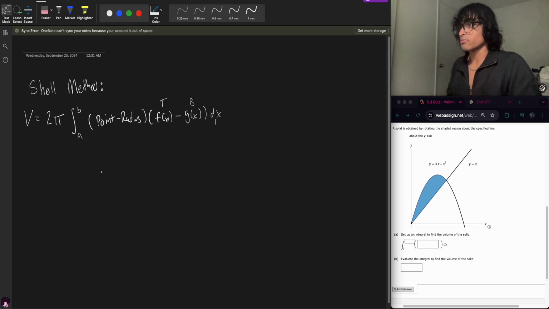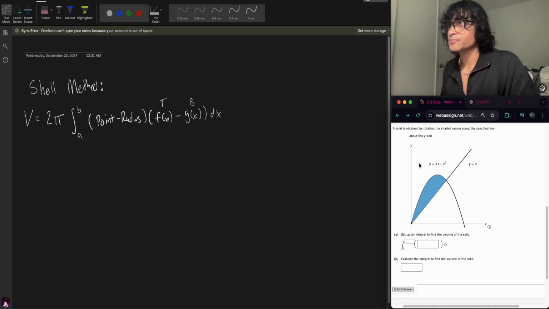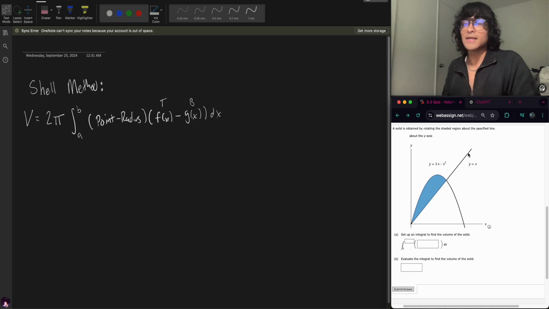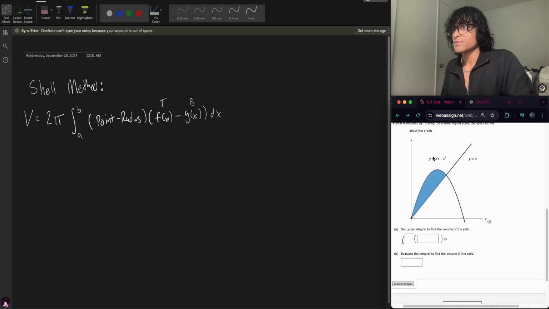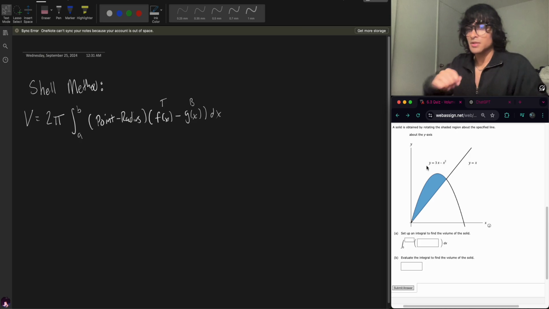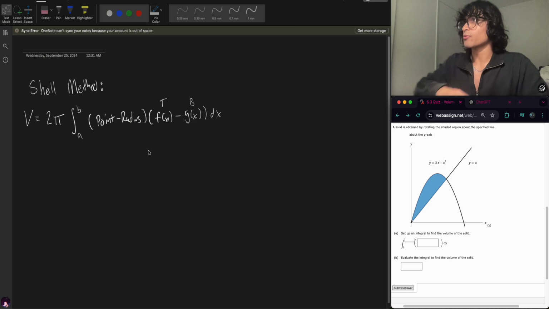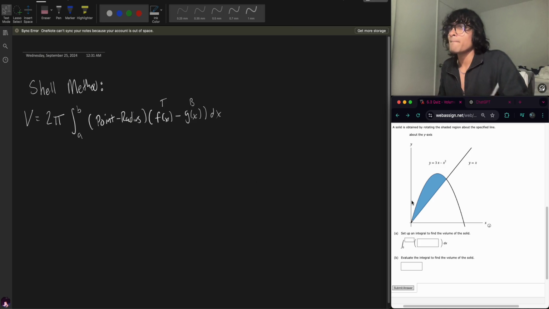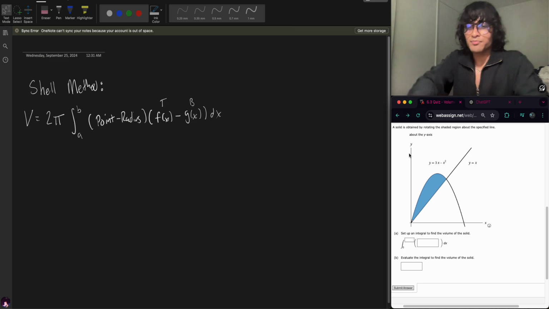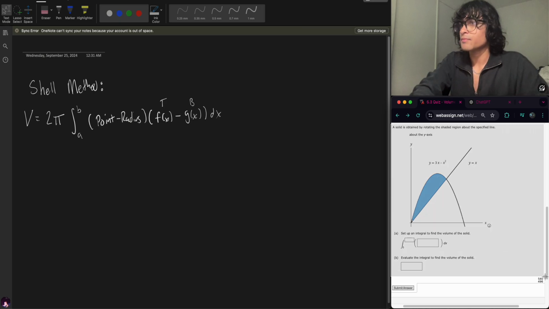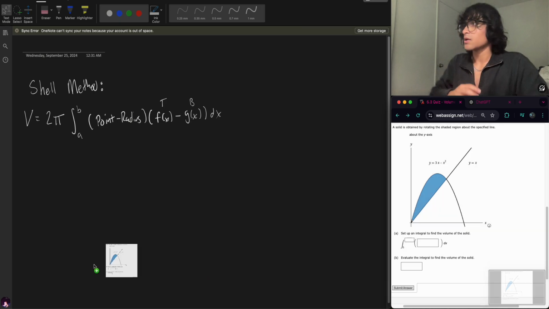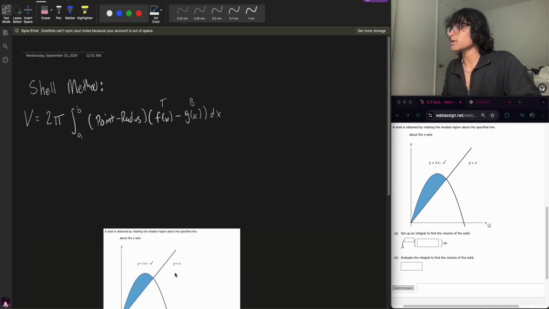So let's solve this problem. A solid is obtained by rotating the shaded region about the specified line, and it's about the y-axis. I think it'll be easier if we take a screenshot of this and put it right here.